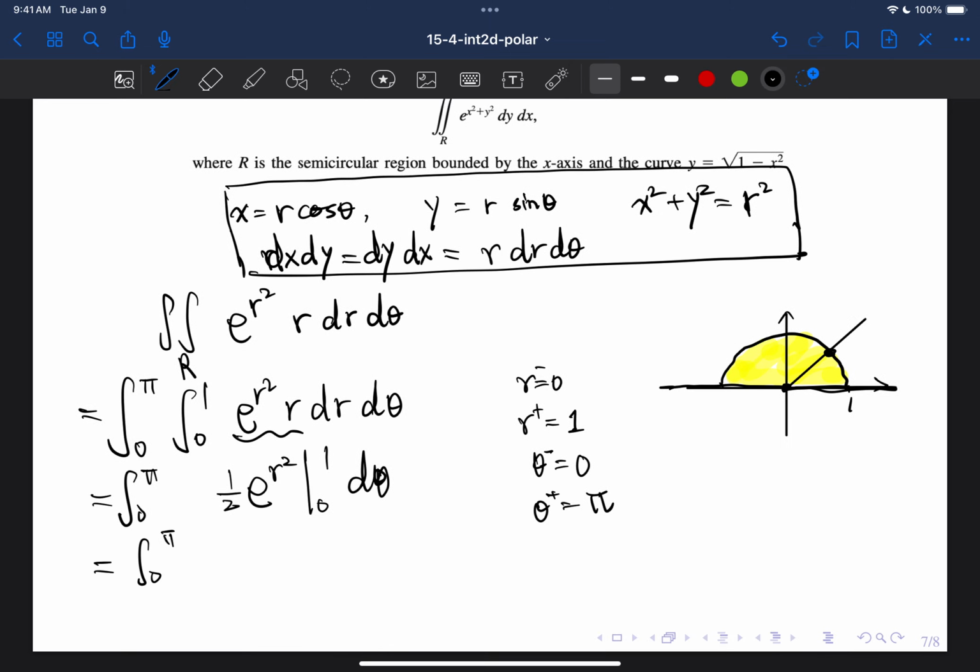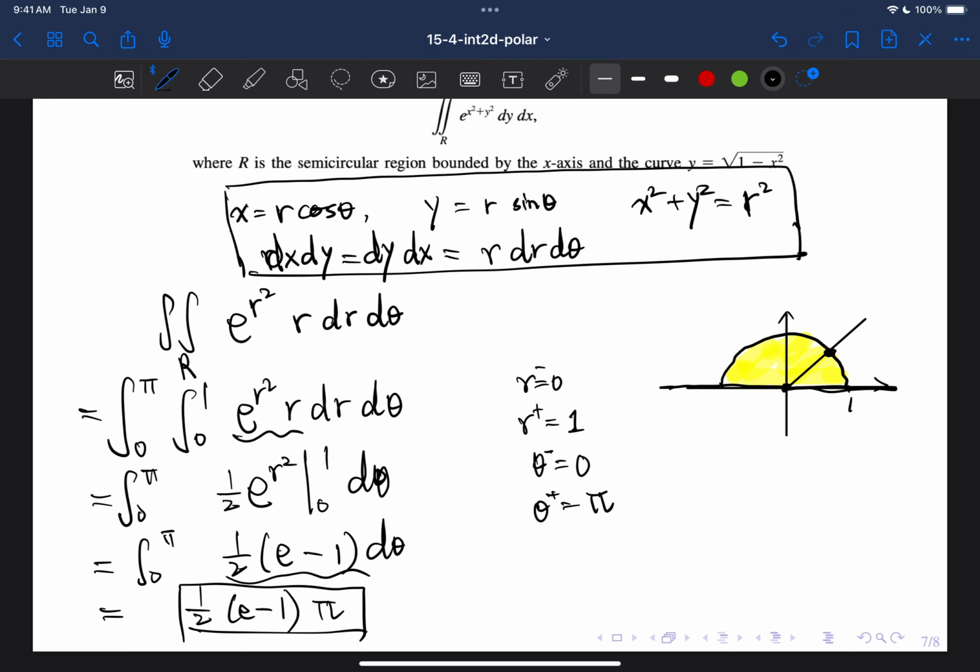If I put in the upper limit, then 1/2 times e to the 1st power minus e to the 0th power, d theta, and this is just a constant, so at the end we have this as the answer. Or you can write 2 as a common denominator and e minus 1.